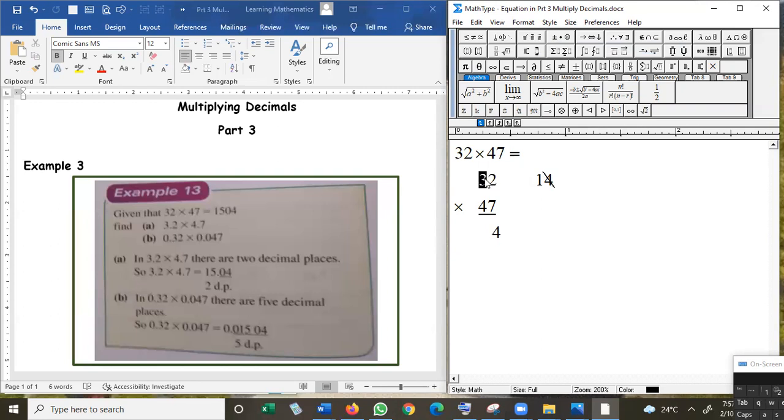Put it up by the 3. Then you multiply 7 3s are 21, plus 1 will give us 22. So you write that down.